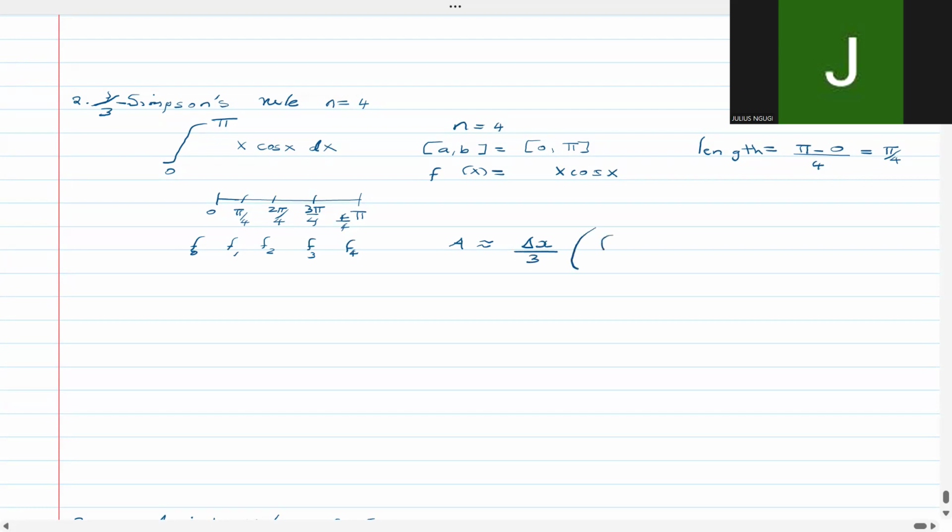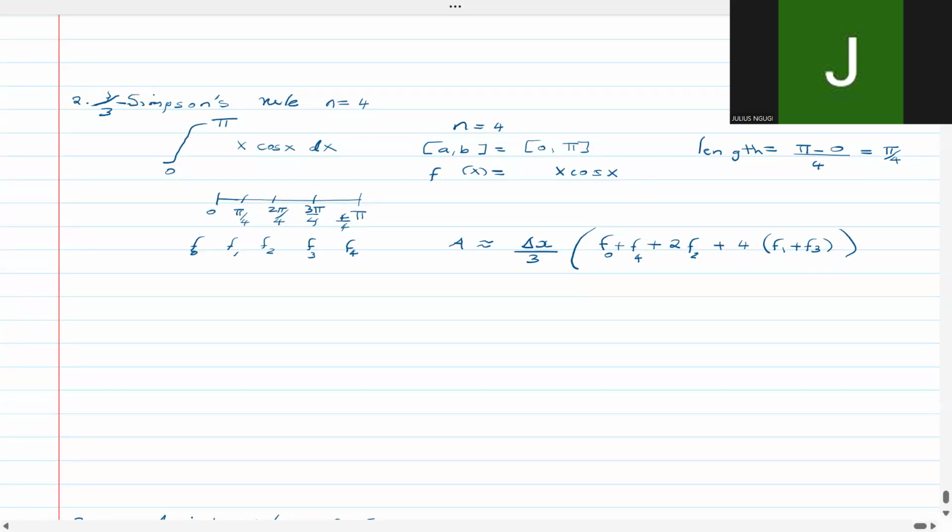Then the first function value, plus the last one, in this case the fourth one, plus twice the ones in the even position, that is index 2, plus 4 times the ones in the odd position, that is f at 1 plus f at 3. So this is what we will do.